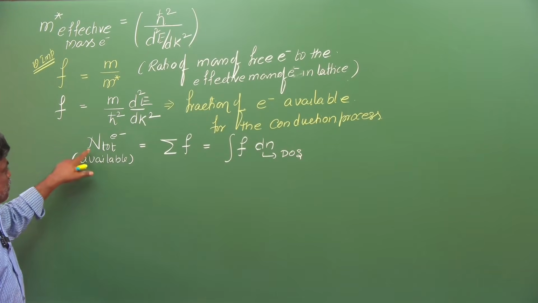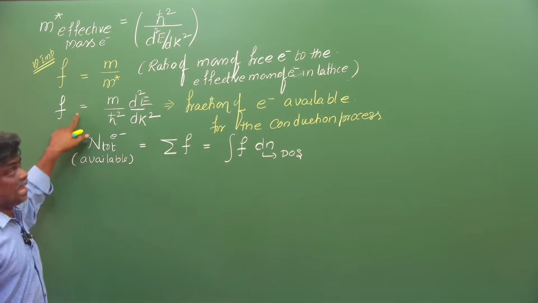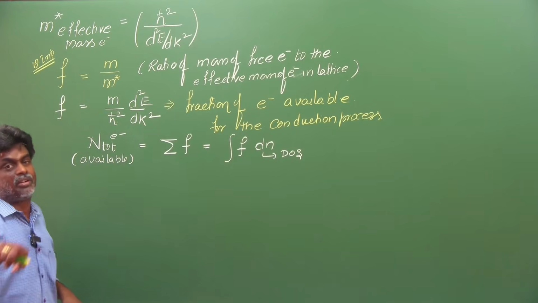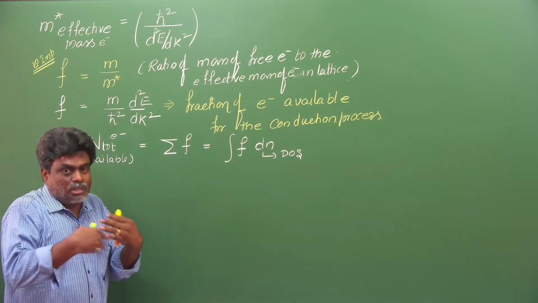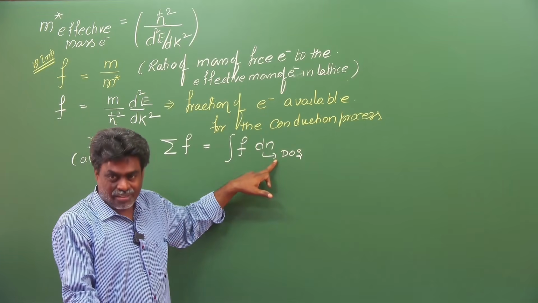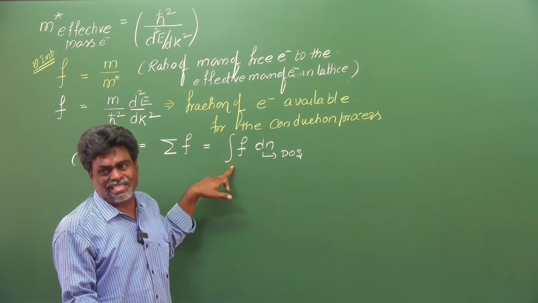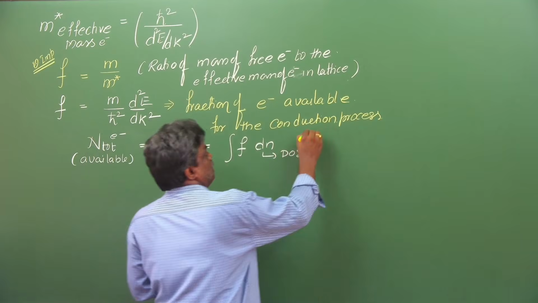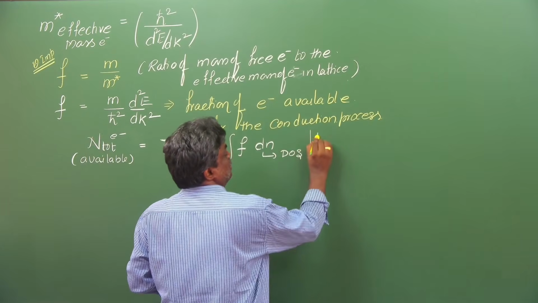So this will give you the total number of electrons. F gives the fraction of electrons available. Now you want the total number, so you have to multiply with the density of states and integrate. Is it clear?